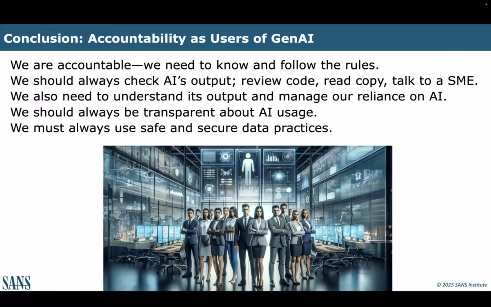The more focused we can keep people on the fact that they're accountable for their work products, the more carefully they're going to follow policies and have good practices in creating good work products. Always verify output. I might have mentioned that once or twice. Understand and don't over-rely. You will, I promise, but try not to too much. Transparent usage, and always be careful about data security.